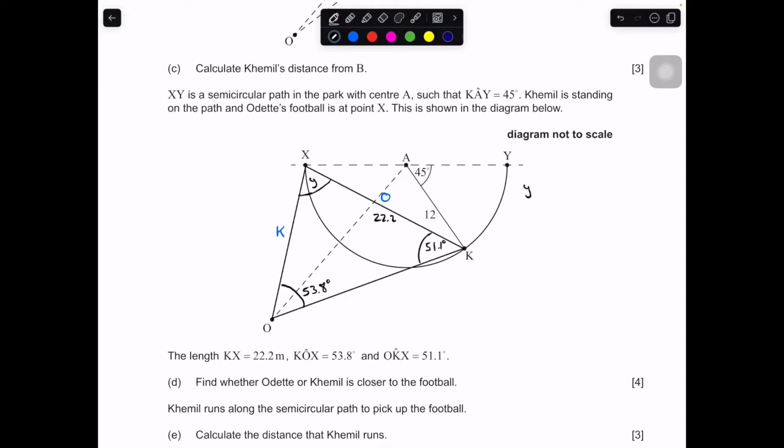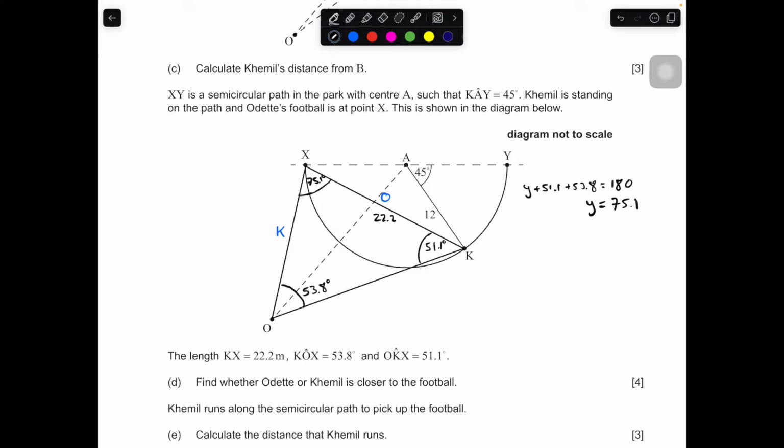So what do we know? We know that y plus 51.1 plus 53.8 is equal to 180. I'll actually just do this one on the calculator that I have beside me. 180 minus 51.1 minus 53.8. And so y is equal to 75.1. So let's go ahead and actually just erase that and put that value in.